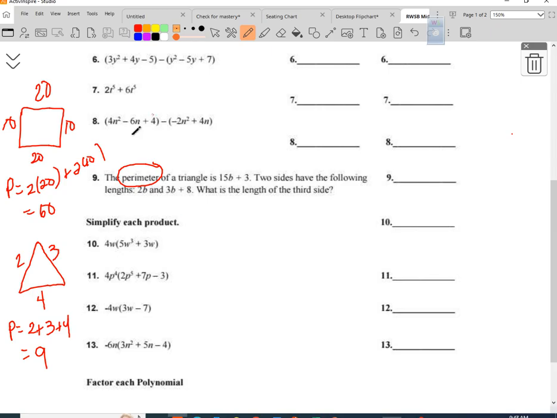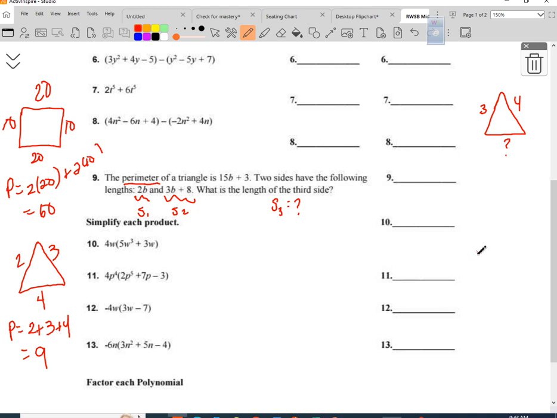All right, so this problem asks you to do something a little bit different. This problem gives you the perimeter and gives you 2 side lengths, and they want you to find the third side. So let's say we had a triangle with sides 3 and 4, but we don't know the third side length.